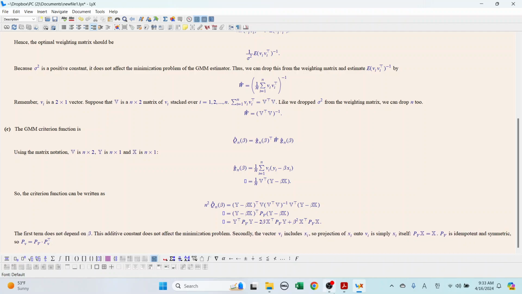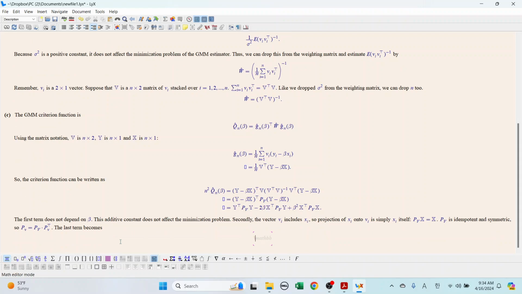So in the last term, let me rewrite the last term like this: P_V X, the projection of X, and P_V transpose.